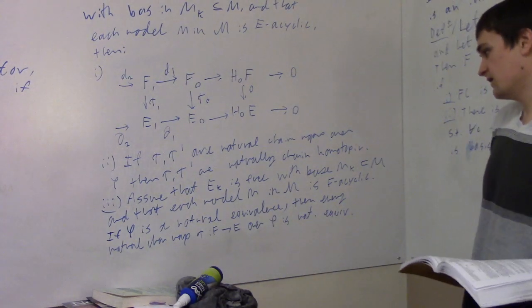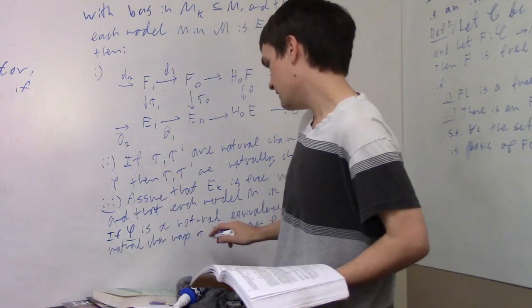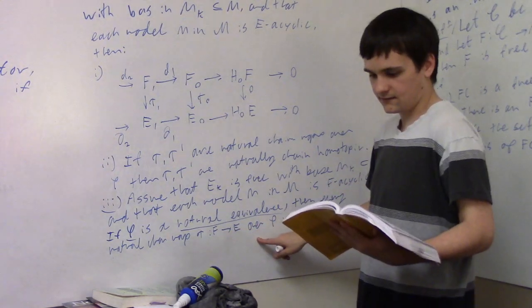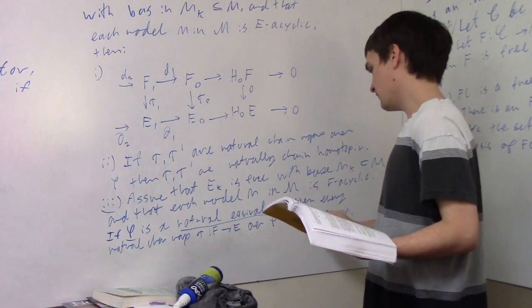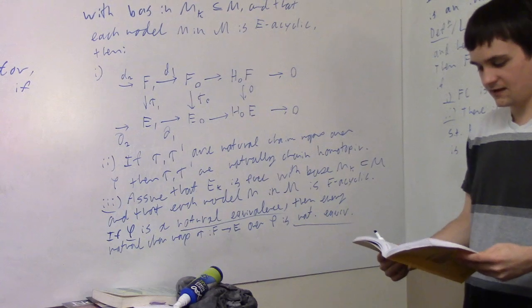So essentially, given a natural equivalence phi, right? These natural chain maps tau we can convert into natural equivalences, which I thought was pretty neat.